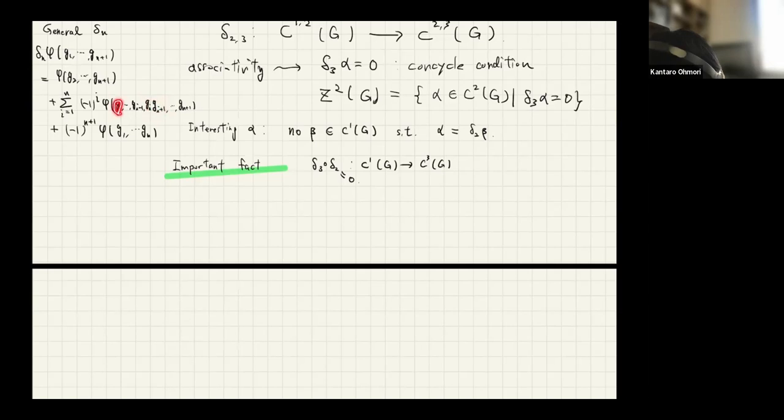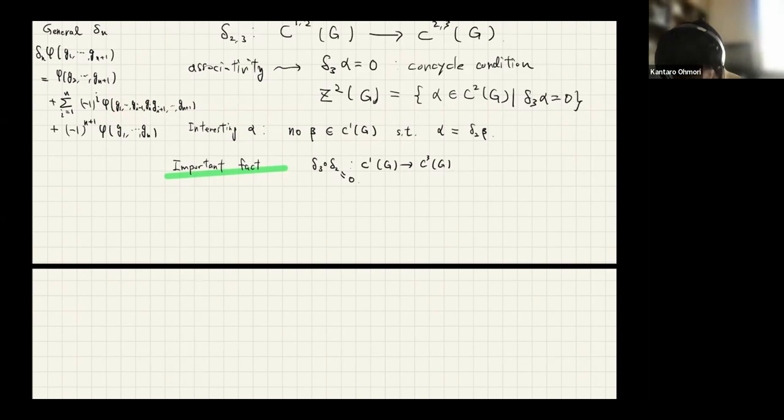These are the group elements inserted for different slots of phi, but this is a multiplied group element. I hope this is comprehensible marginally. Okay, so this is the general formula.